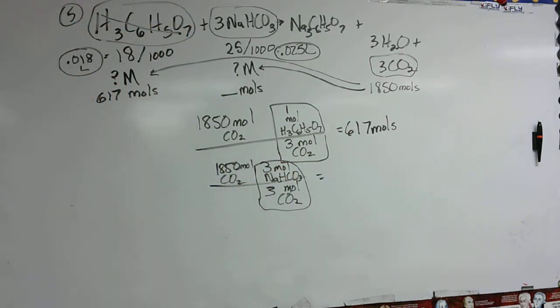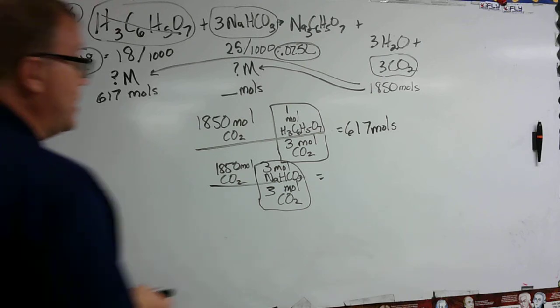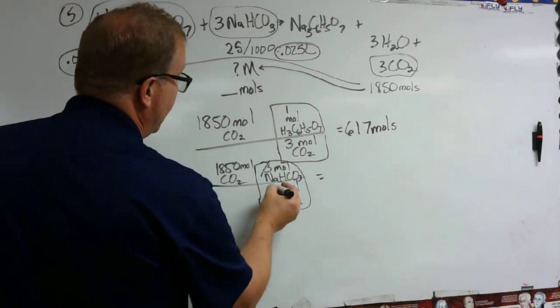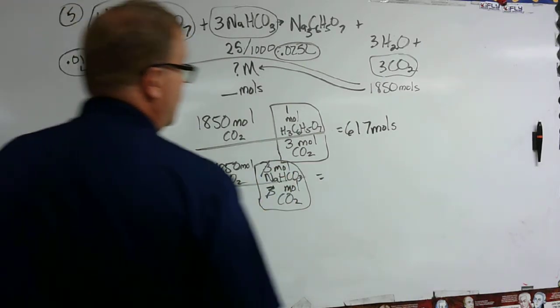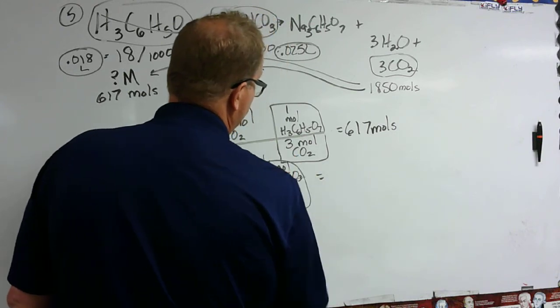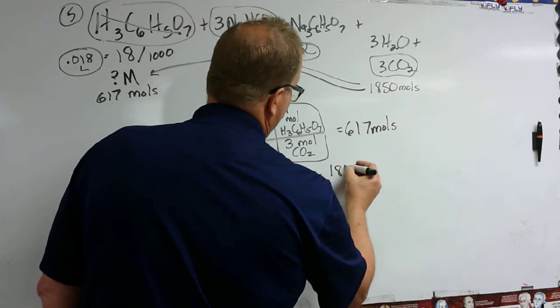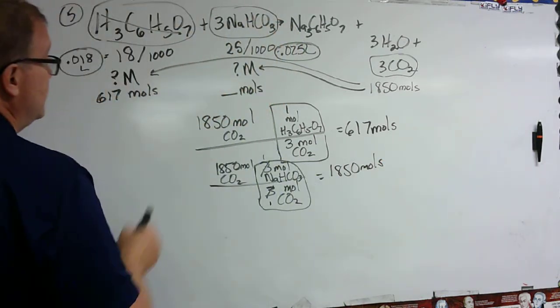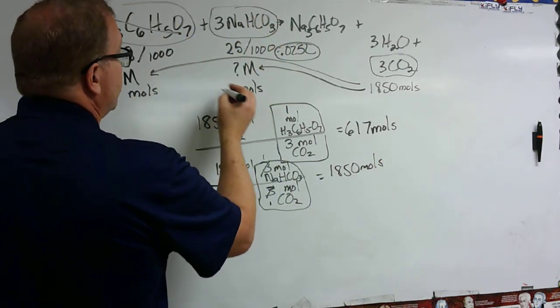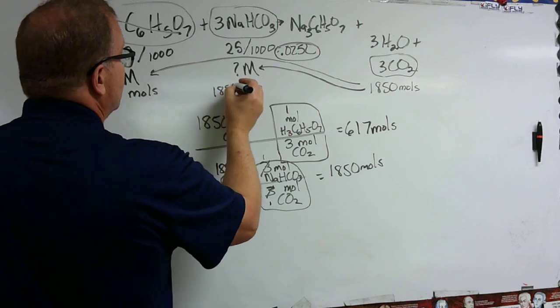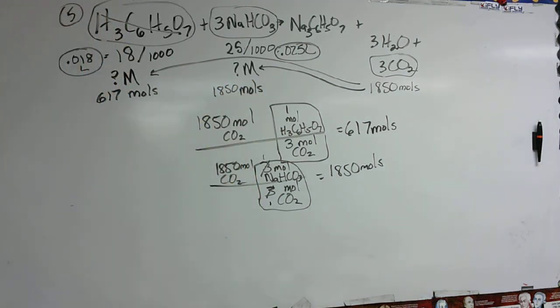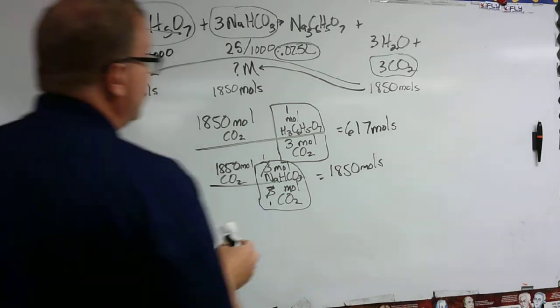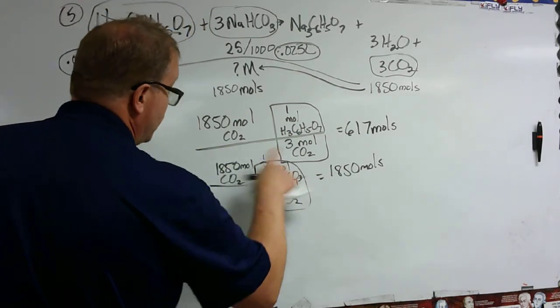Now this is really nice because you notice the top and the bottom are actually going to cancel out. And I'm going to have 1,850 moles, which is even more. So we're going to go 1,850 moles. Now I have my numbers. I'm going to go ahead and erase all this.